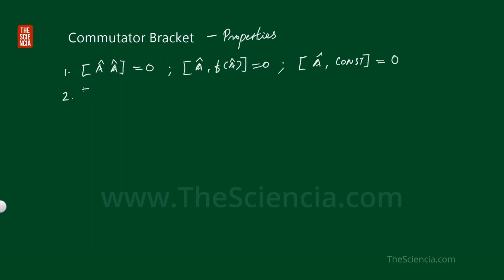Second property, commutator bracket A, comma B plus C plus D, is equal to commutator bracket AB plus commutator bracket AC plus commutator bracket AD.